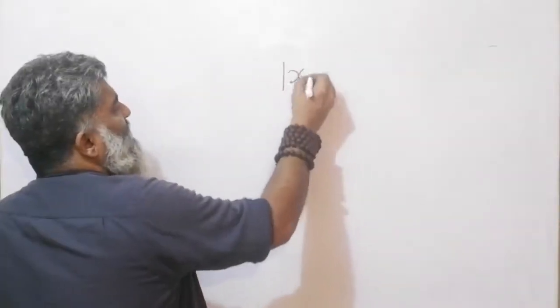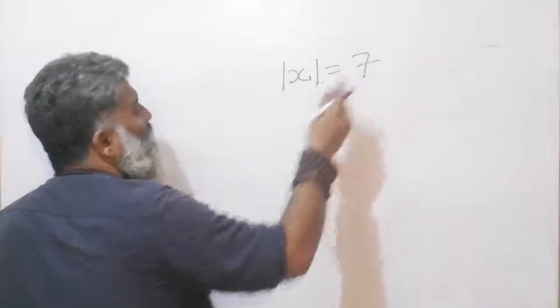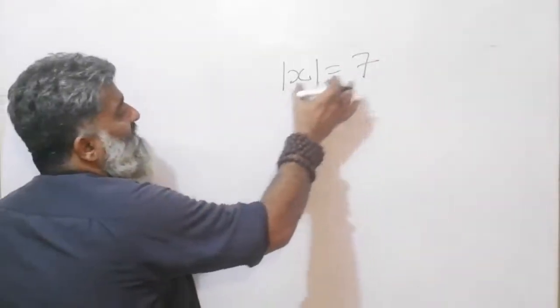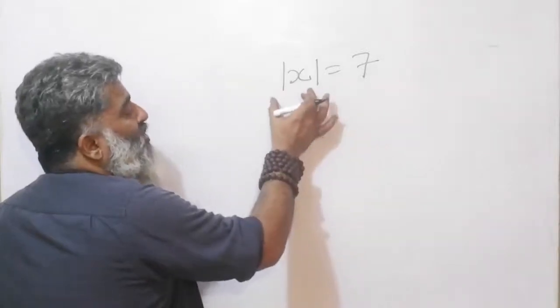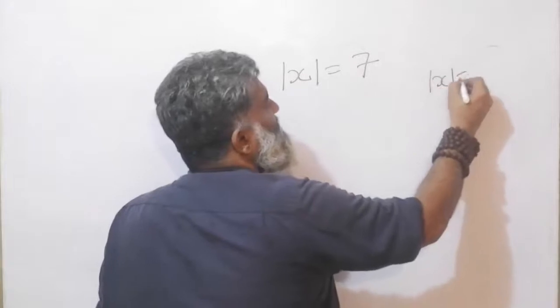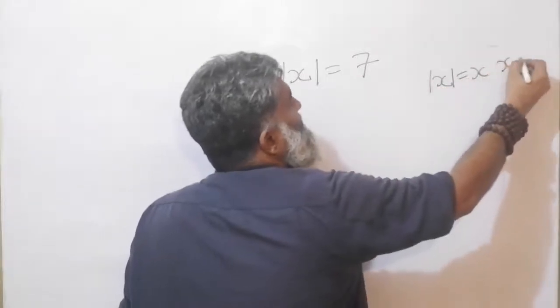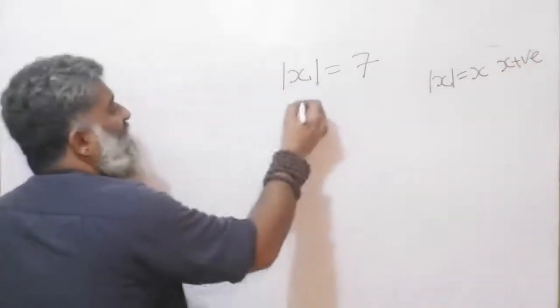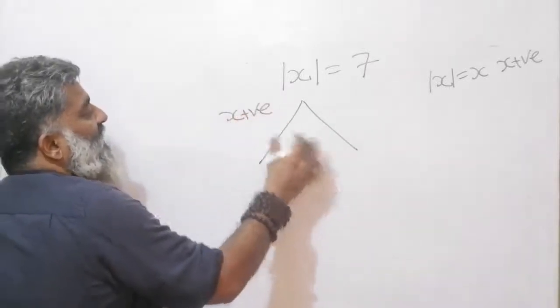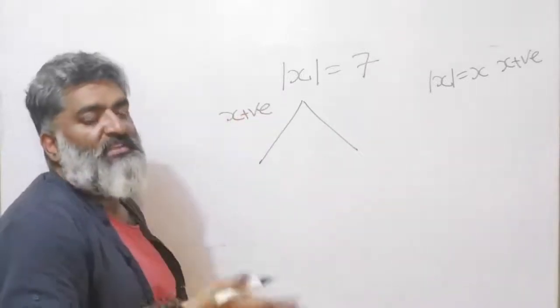So this was just straight away guessing the number. Let's go a little more officially, using the technical definition. Mod of x is equal to 7. I just looked at the definition, right? Mod of x is equal to x when x is positive. That means you are creating two scenarios. One is x is positive, and this creating of two scenarios is something that we have seen earlier.